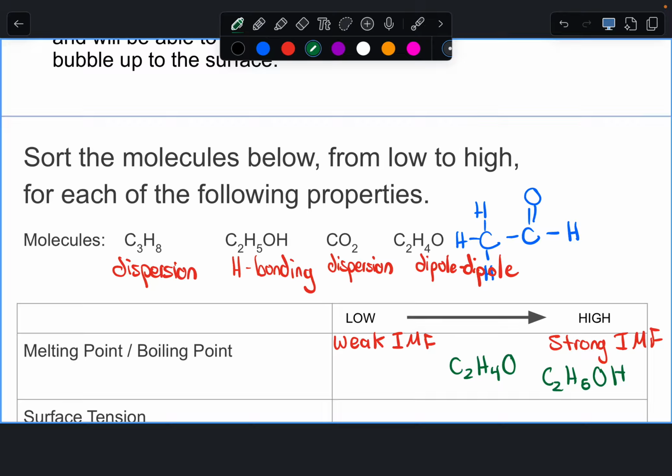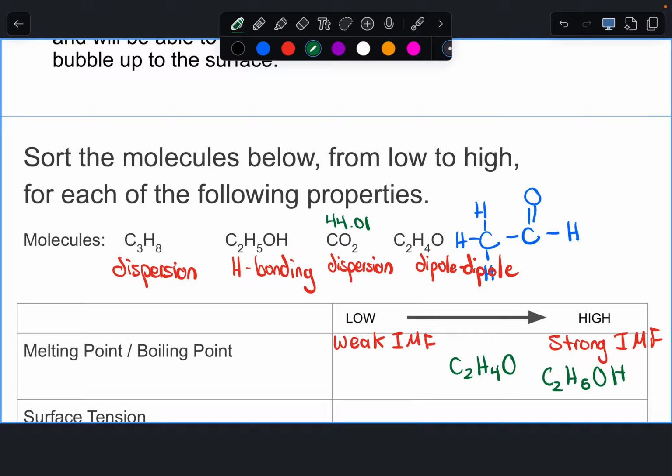So did anybody happen to add up the molar masses of these? No? Okay, that's okay. That's what you should do if you're trying to compare within a group. You should compare their molar masses. I know carbon dioxide's 44.01. I think C3H8, let's just do it real quick.